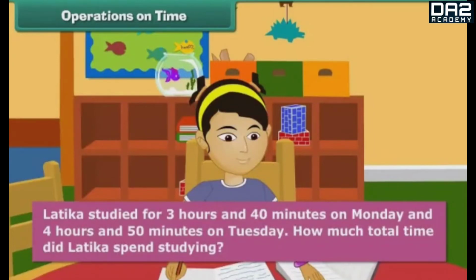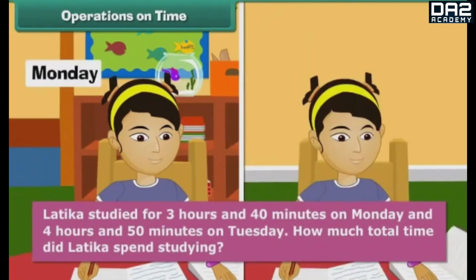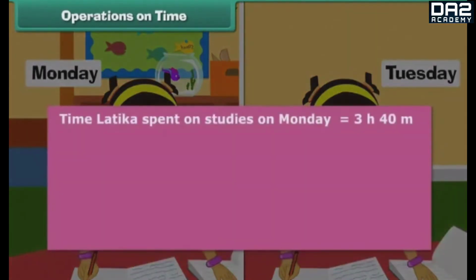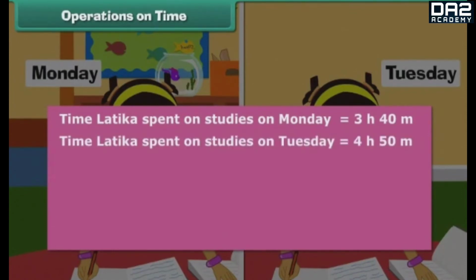Latika studied for 3 hours and 40 minutes on Monday and 4 hours and 50 minutes on Tuesday. How much total time did Latika spend studying? Time Latika spent on studies on Monday is equal to 3 hours 40 minutes. Time Latika spent on studies on Tuesday is equal to 4 hours 50 minutes.